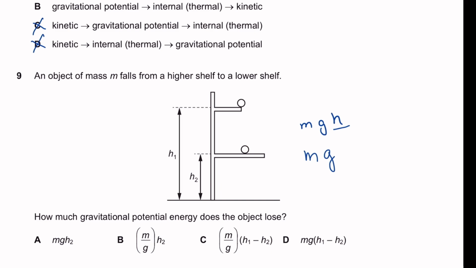So it will be mg, and since you have height 1 and height 2, it will be h1 minus h2. So it will be mg(h1 minus h2). So it will be D.